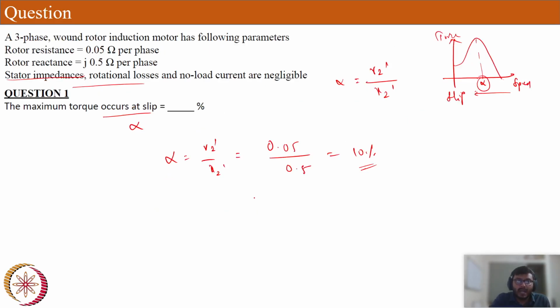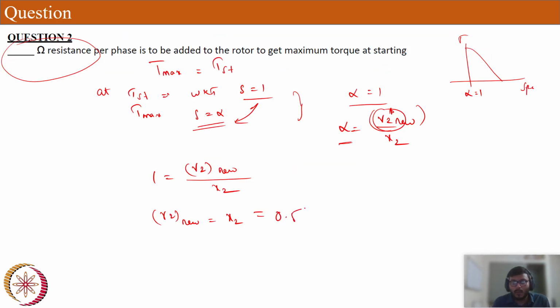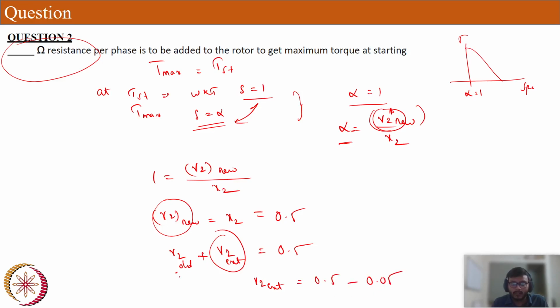In the question the reactance was given as j0.5, so it is 0.5. R2 new is nothing but R2 old plus R2 external, which we added, equal to 0.5. So R2 external that needs to be added is equal to 0.5 minus 0.05, that is the old one. So the answer is 0.45 ohms per phase.